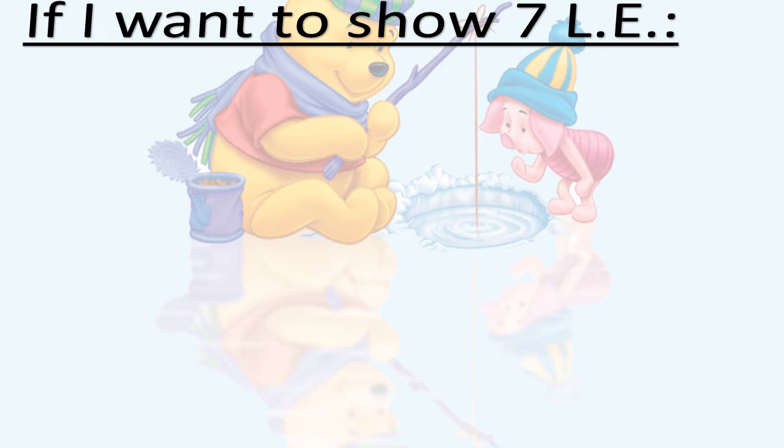For example, if I want to show 7 Egyptian pound, do I have 7 Egyptian pound? Do I have one paper of 7 pound as a banknote denomination? No, I don't.